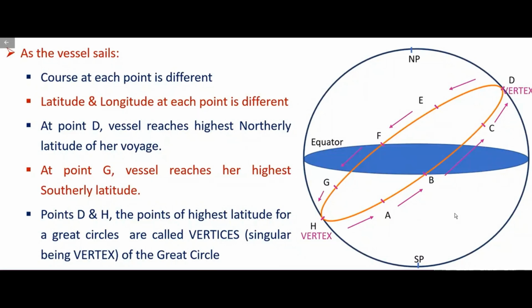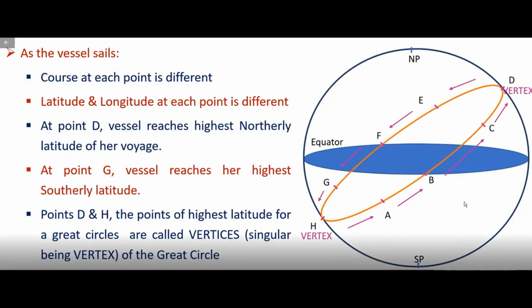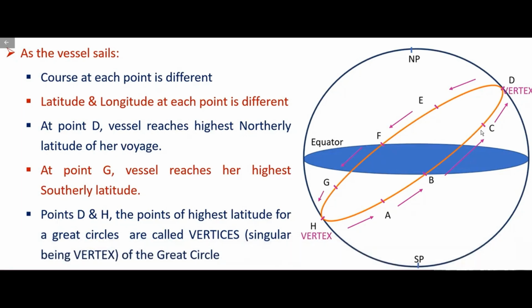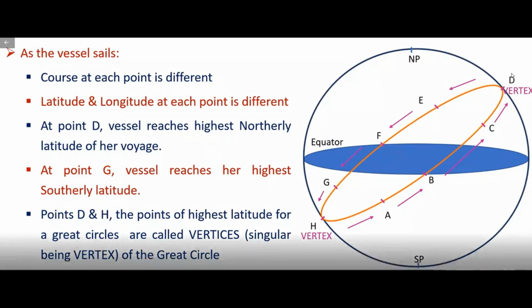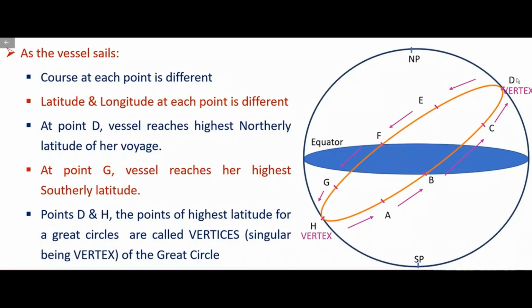Now one more thing needs to be understood here. It is possible that when you are moving on your great circle track, the vertex does not come on your track. Let us say a ship is moving from Bravo to Charlie. Bravo is the initial position. Charlie is the final position. Now when the ship moves on its track, no vertex is coming within our track. We know the nearest vertex is D, but it is outside our track. Okay, this is one possibility.